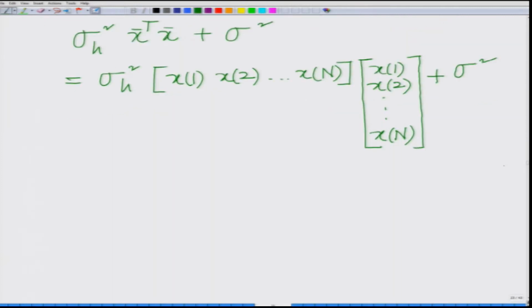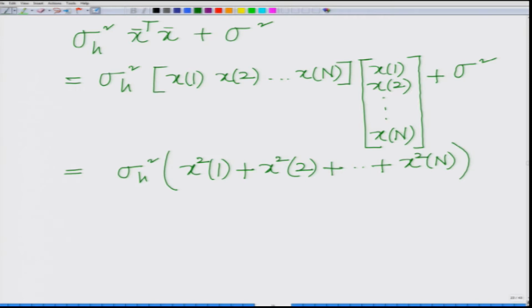And now, if you look at this, this is basically equal to sigma h square times x square 1 plus x square 2 plus so on up to x square n, plus sigma square. This is nothing but the summation of x square 1 plus x square 2 plus up to x square n, which is norm x bar square, correct, this is norm x bar square.